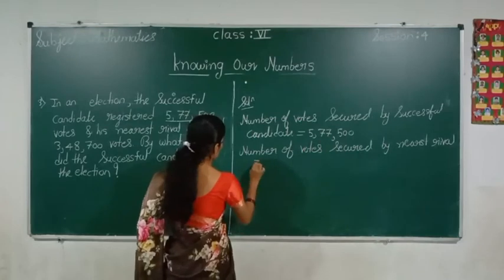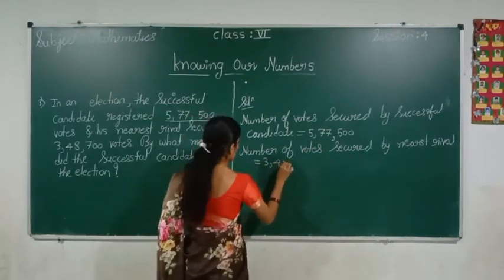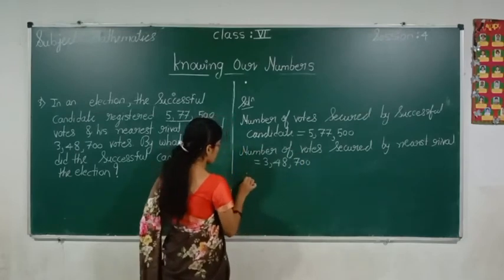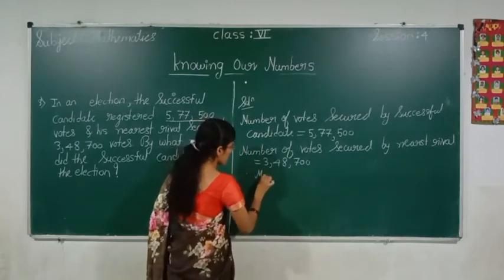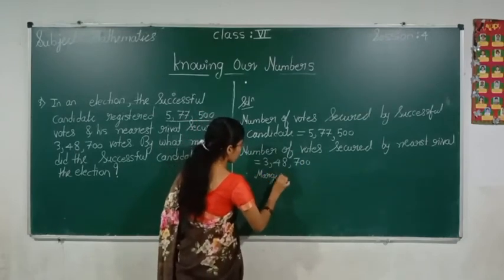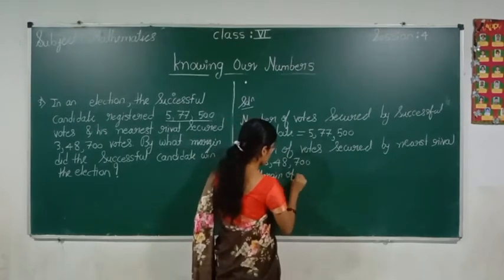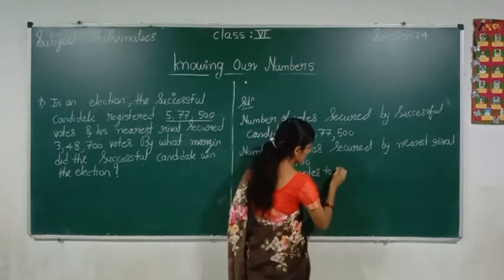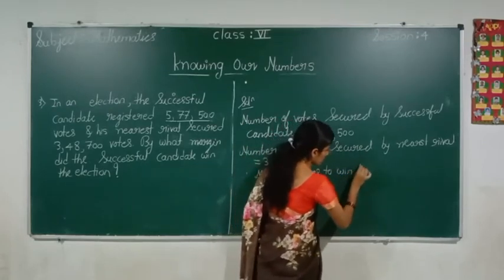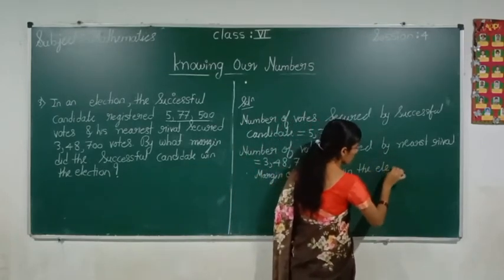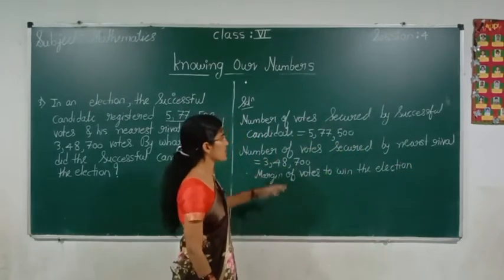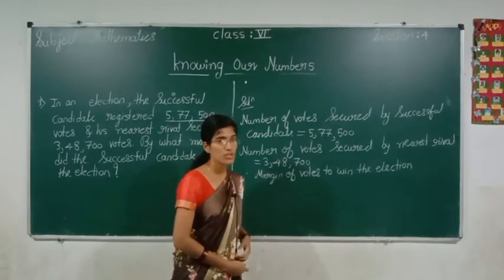It is 3,48,700. Therefore, the margin of votes to win the election, what do we have to do? We have to do a subtraction. Yes or no? By what margin has the successful candidate won the election?